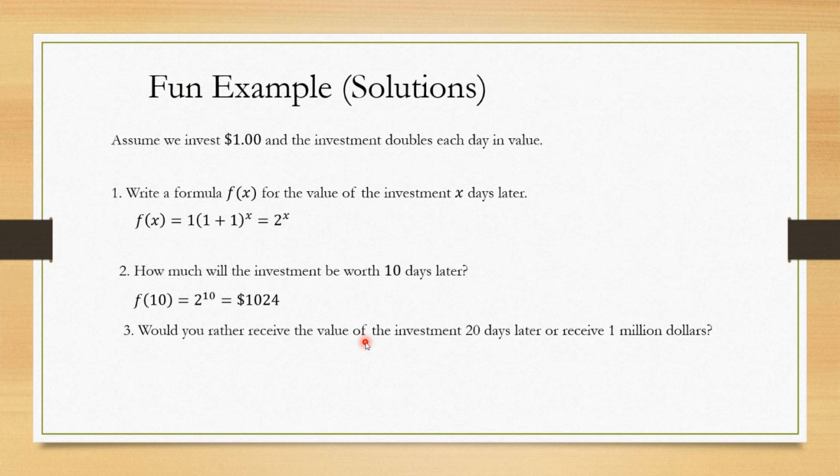It turns out f of 20 by direct calculation is itself more than $1 million, so f of 20 would be a lot more. In fact, if you calculated f of 30, 30 days later, you would have at least $1 billion.